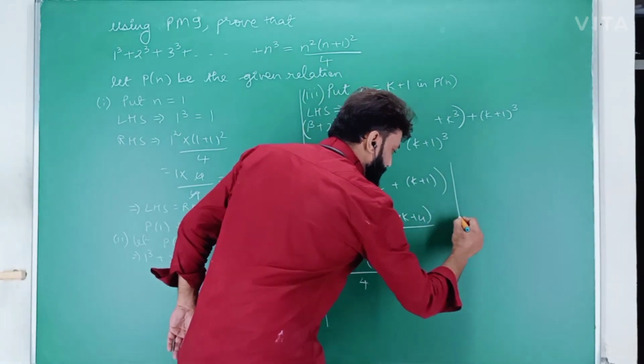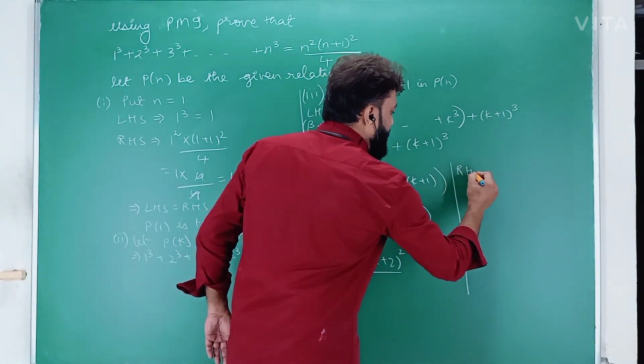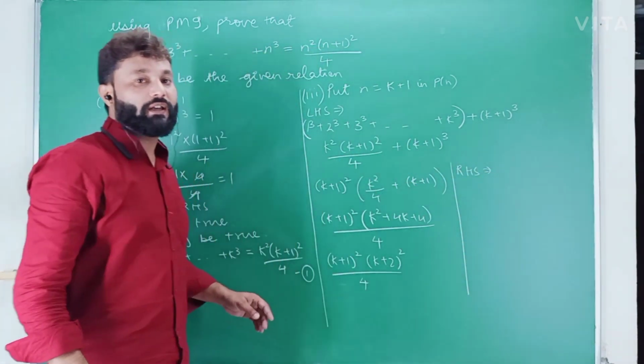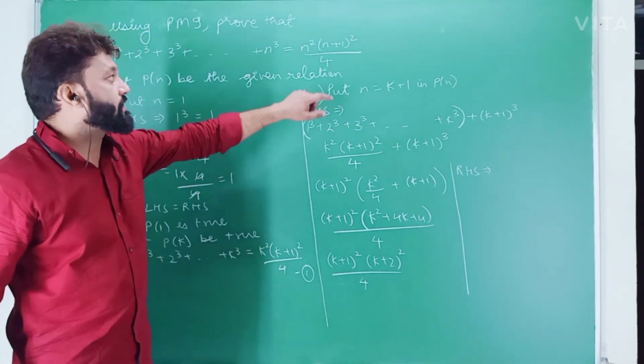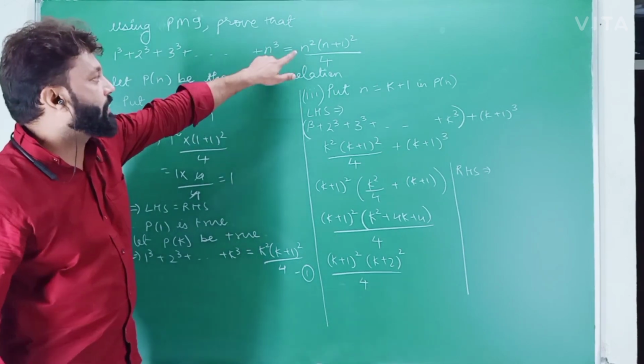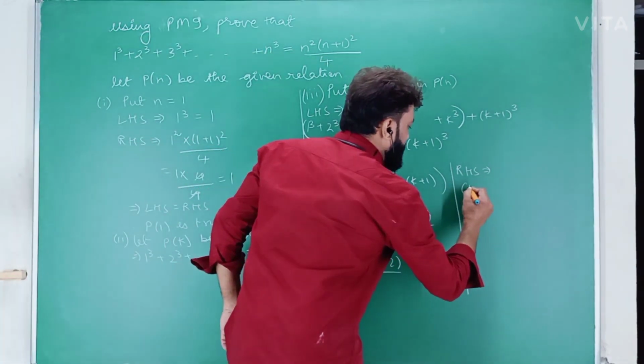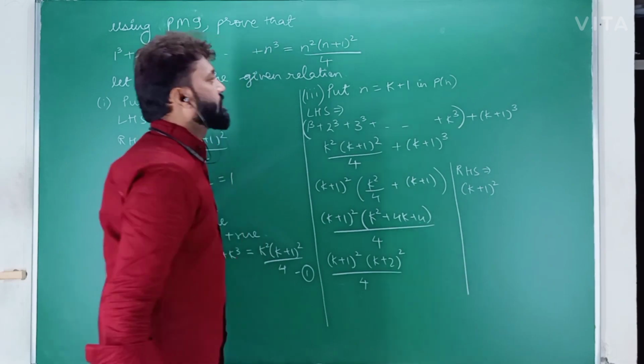Now we'll start with RHS. The same substitution is to be put in RHS. As you can see, in place of n we have written k + 1 in LHS. So in RHS also we will do the same thing. In place of n, k + 1. So this will become (k + 1) whole square.